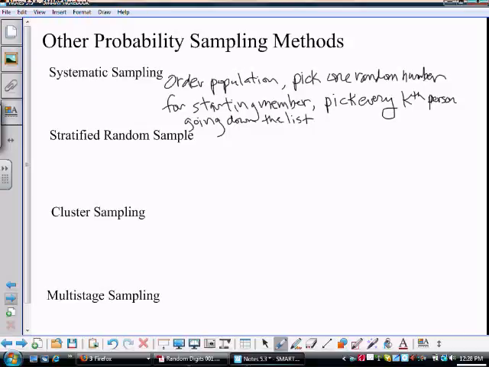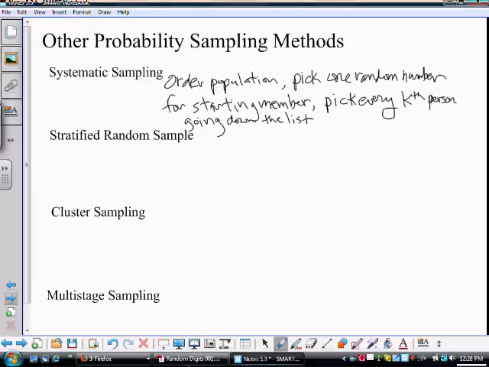Once I've started, I only pick every 5th person, every 5th person, every 5th person. So I have a 0 chance of getting a sample that's 2, 3, 4, 5, 6. Okay, so since there's a 0 chance of that one, it's not a simple random sample. But it's done, and it may be as good as a simple random sample, may be used.